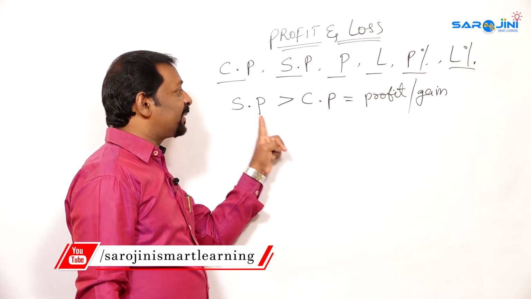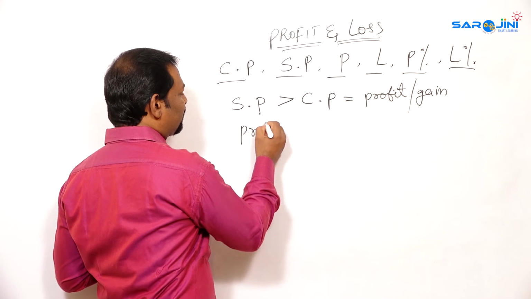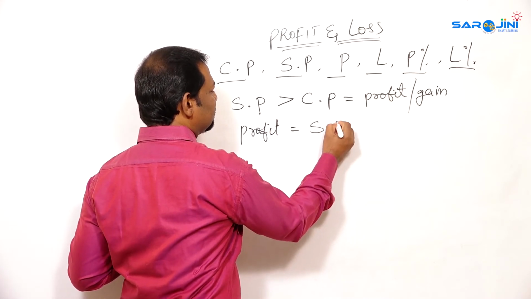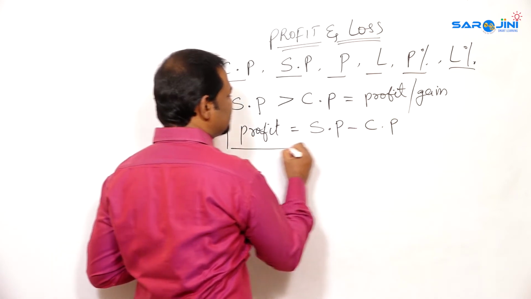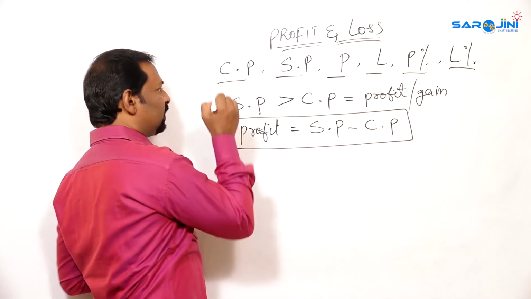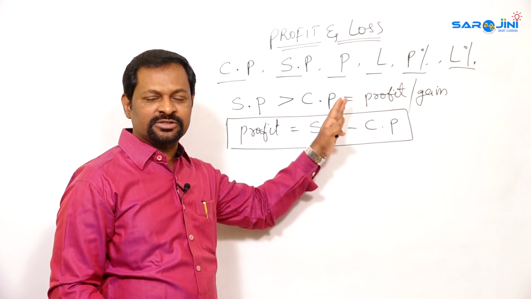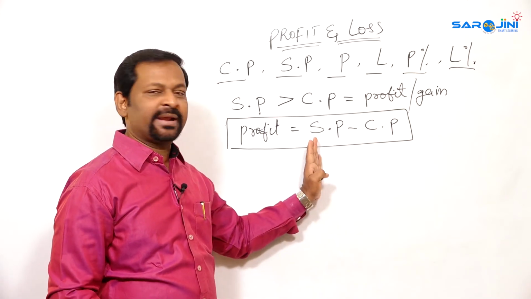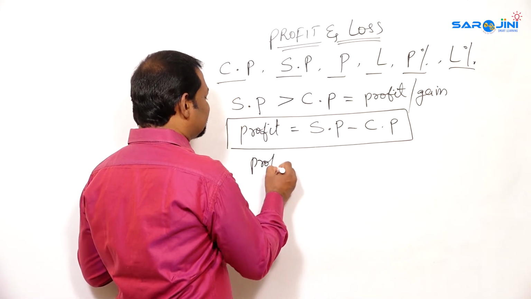If the selling price is greater than the cost price, the formula for profit is selling price minus cost price. This is the first basic formula you are going to learn from this chapter. Selling price greater than cost price means profit, so profit is selling price minus cost price. Now, what is profit percent?